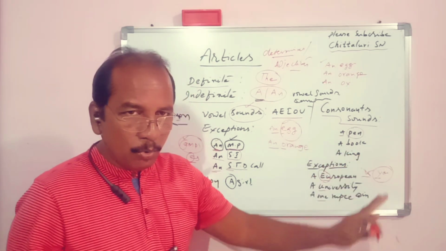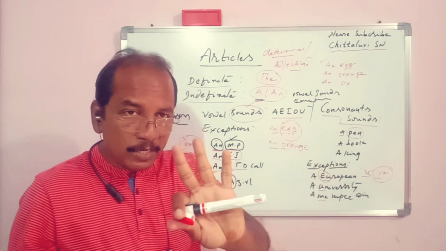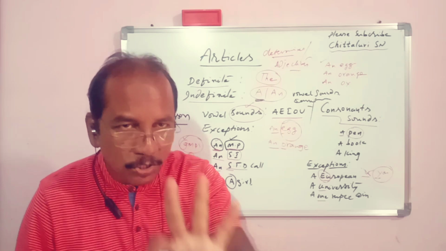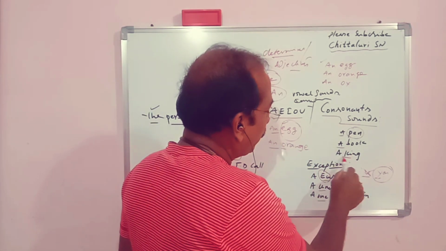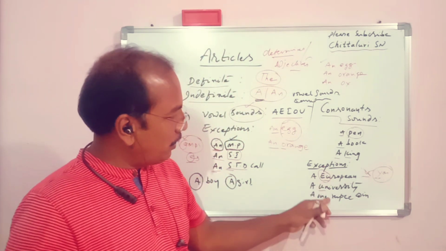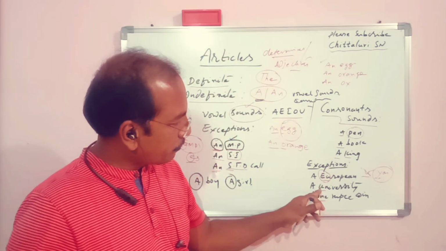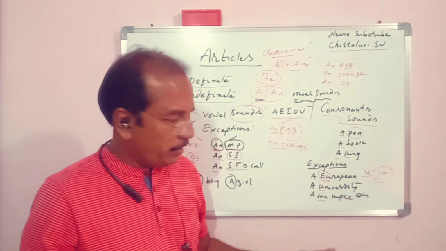And book, B-O-O-K: this word also started with the consonant B and the sound is also a consonant sound. That's why we used a here. Likewise king, we also used a here. Coming to these exceptions, look at the second word here, university.